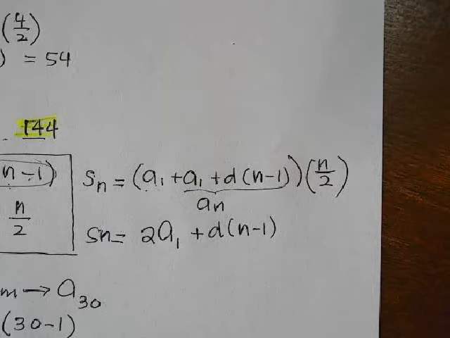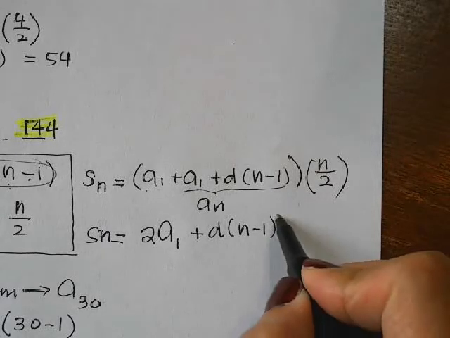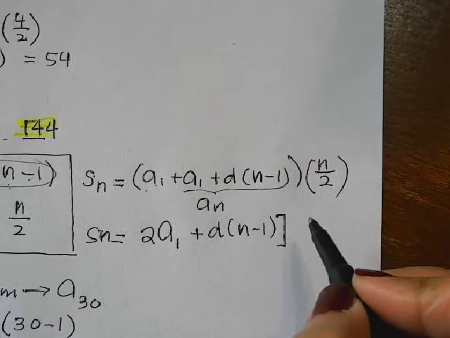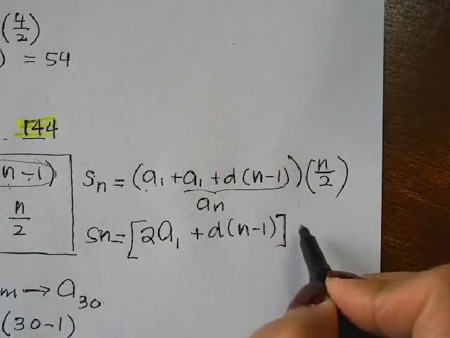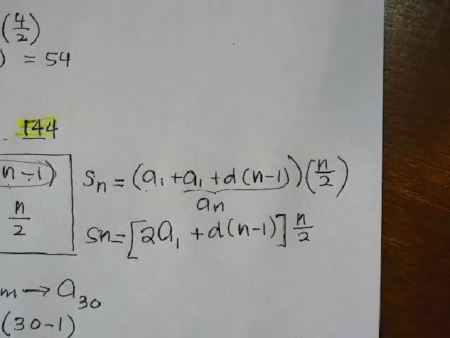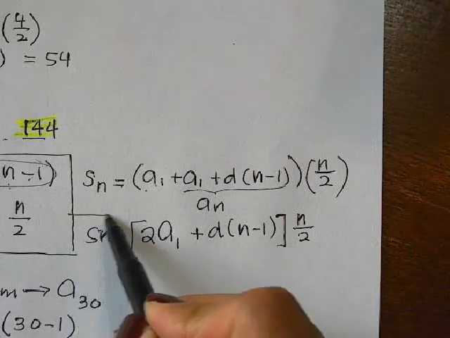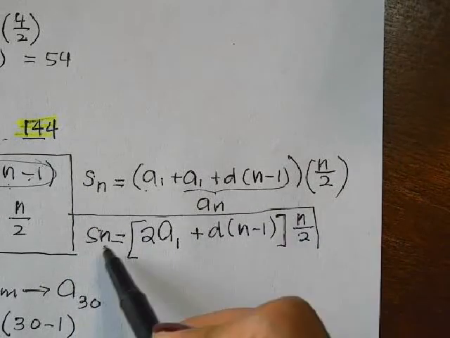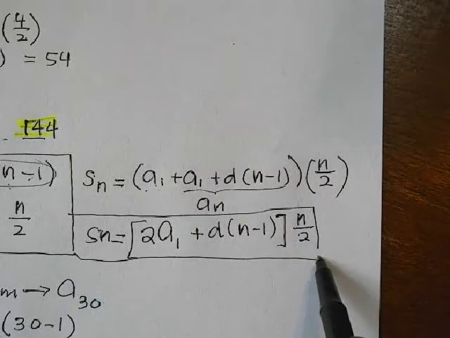Let's just use a bracket here, multiplied by n over 2. Or you can also write n over 2 in front. I think in your book this is written. So this is now our third formula.